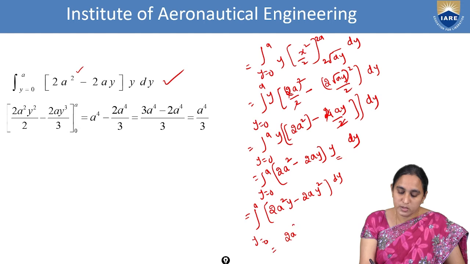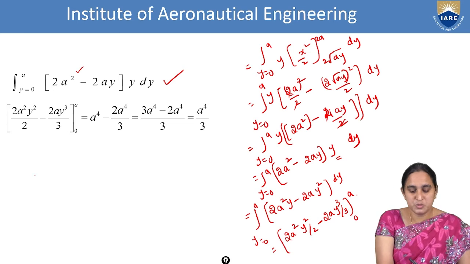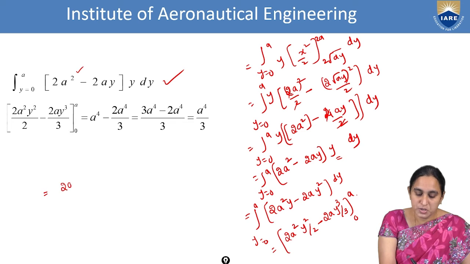That is 2a² into the integration of y, which is y²/2, minus 2a into y³/3, and the limits are 0 to a. Now substitute the limit points here: 2a² into a²/2 minus 2a into a³/3.